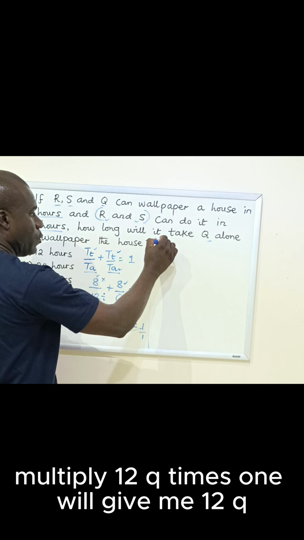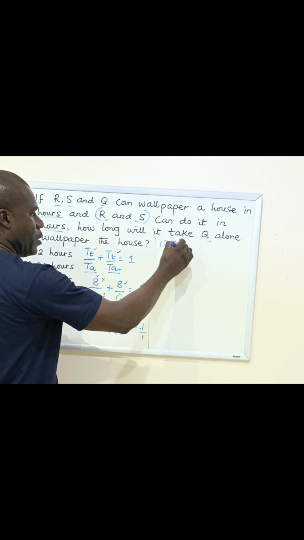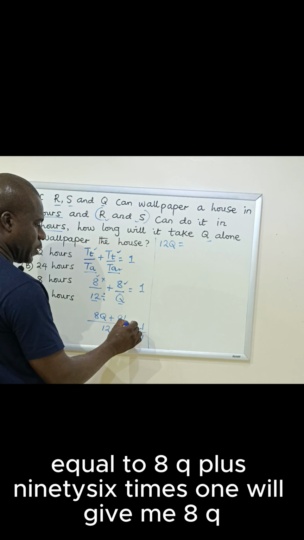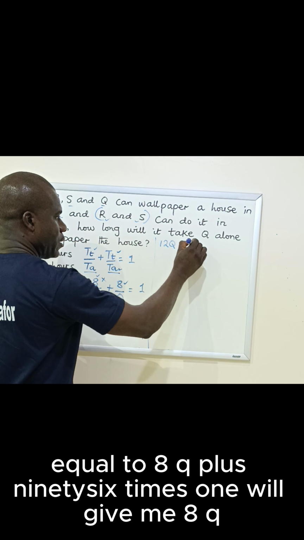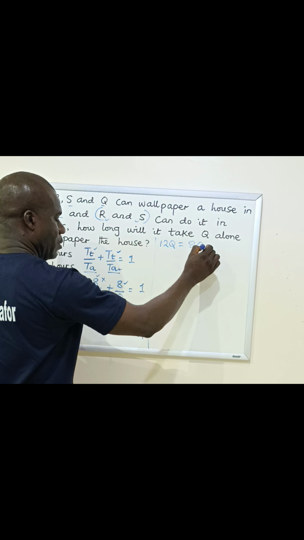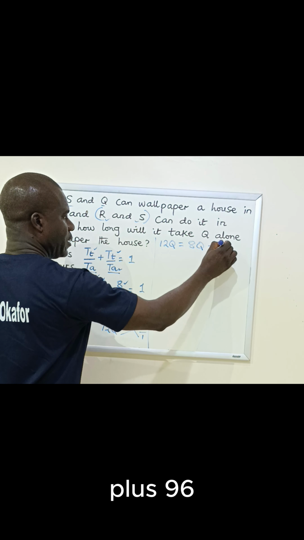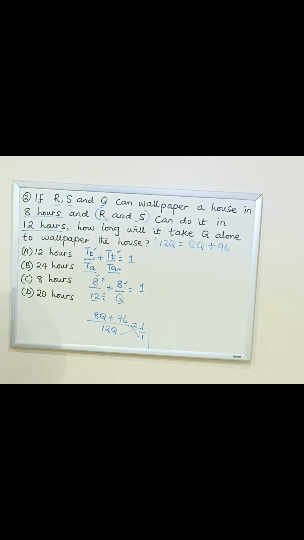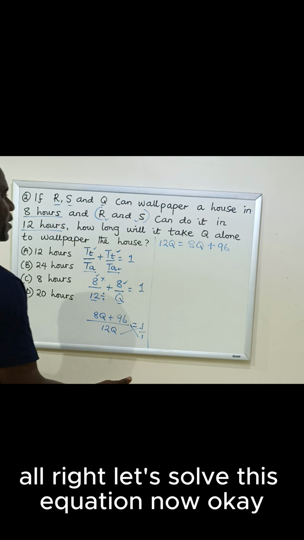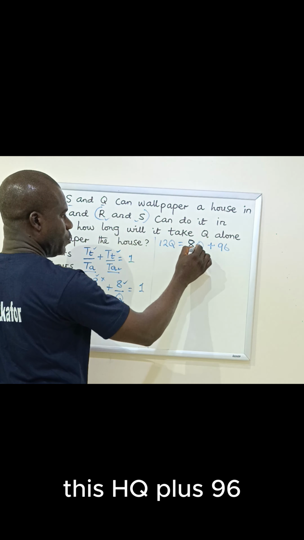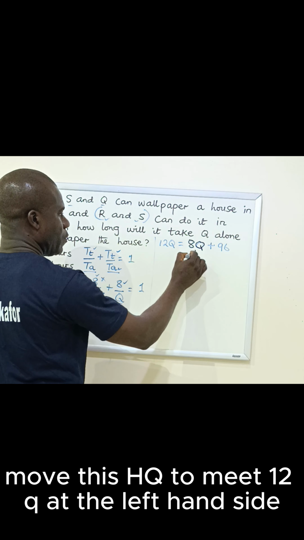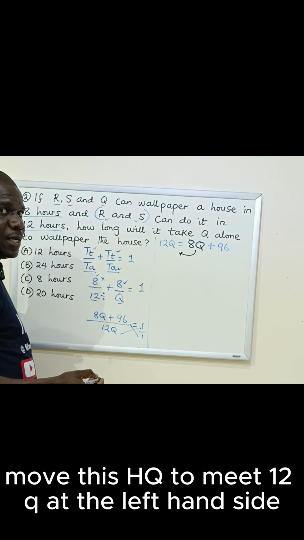12Q times 1 gives me 12Q, equal to 8Q plus 96 times 1, which gives me 8Q plus 96. Let's solve this as an equation now. Move this 8Q to meet 12Q at the left-hand side.